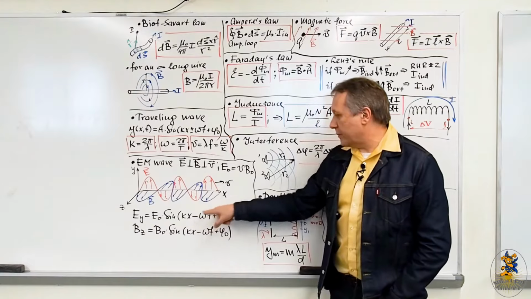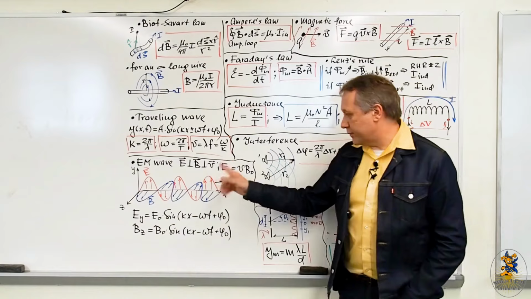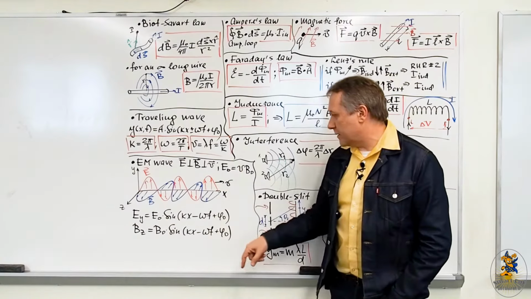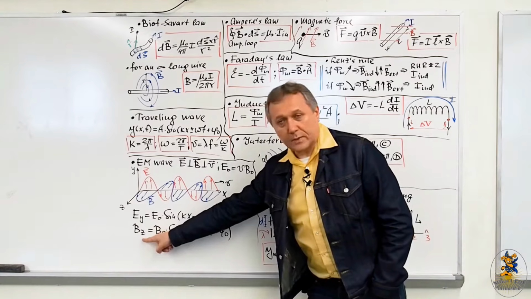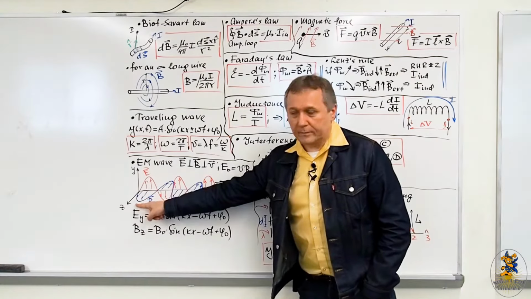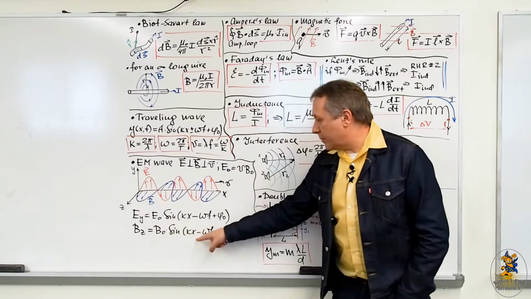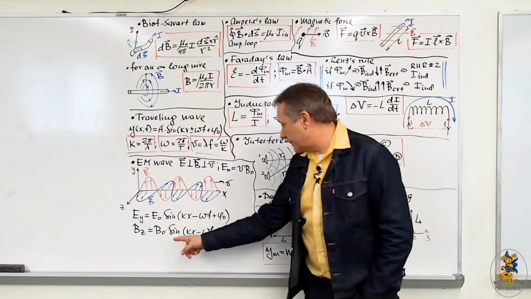In this case, the wave propagates in the positive x direction, then angular frequency, initial phase, and then the magnetic field. Again, the subscript indicates that the magnetic field oscillates in the z direction, right? But the wave propagates again in the positive x direction, of course, as for the electric field.